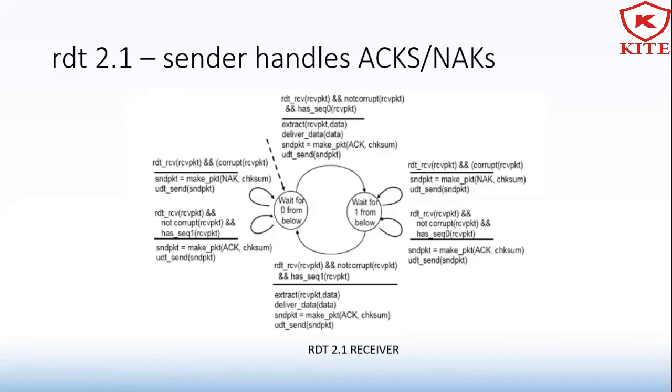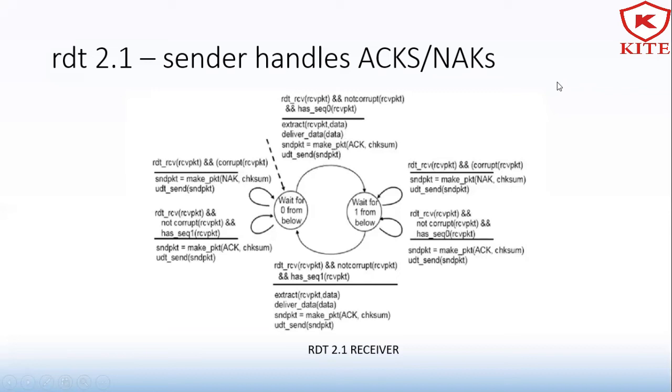On the receiving side, in case the packet received is corrupted, a negative acknowledgement is created with the checksum value and sent to the sender. In case the packet received is not corrupted but has the proper sequence number 0 in a retransmission case, then only an acknowledgement with the checksum field value is created.